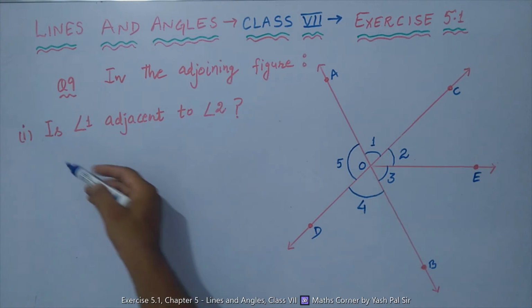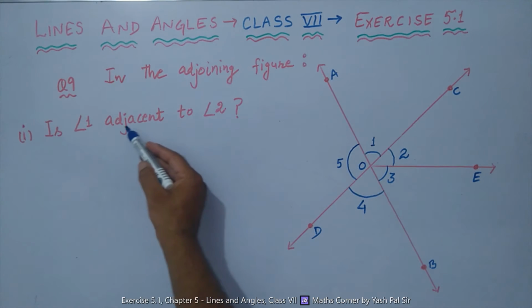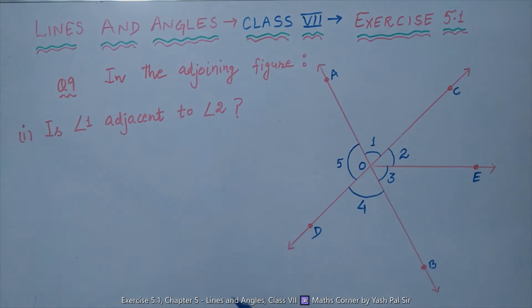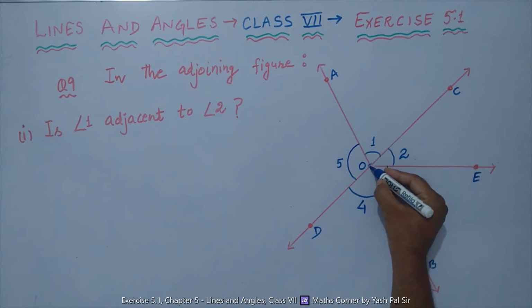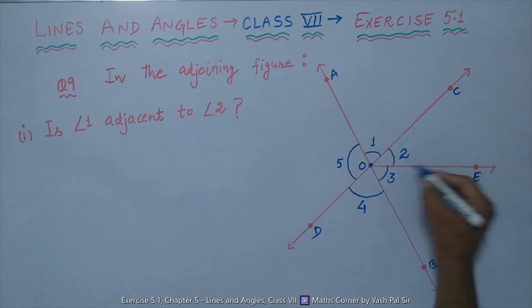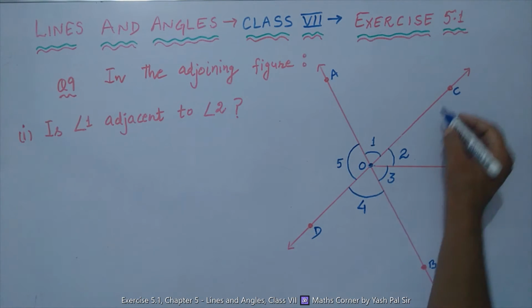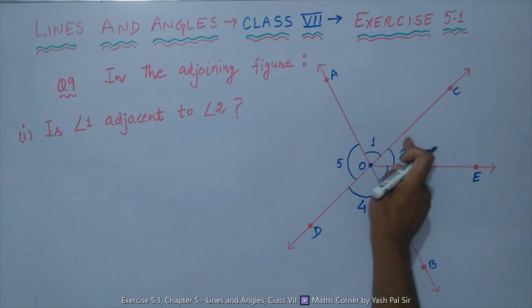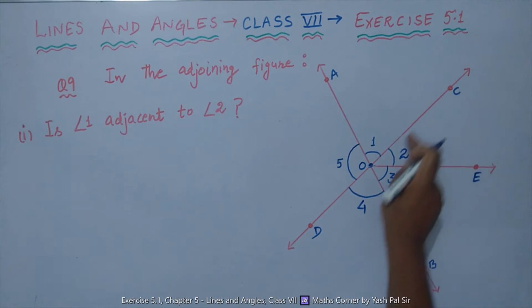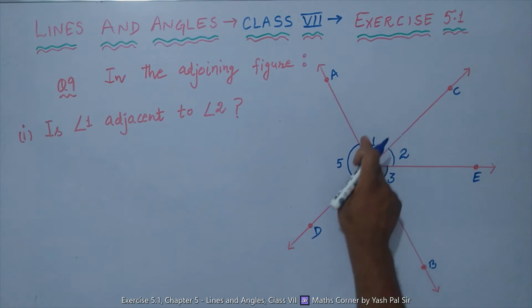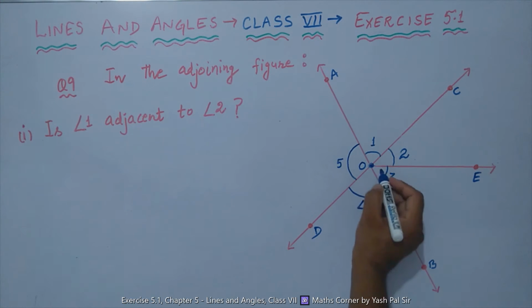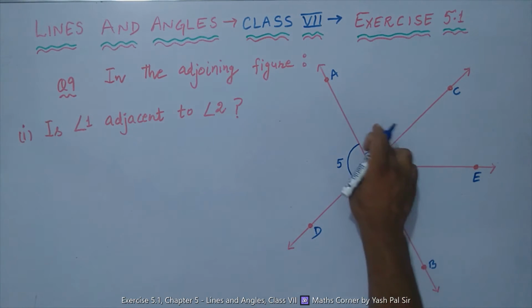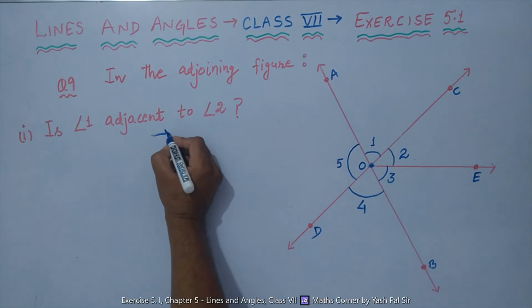Now what are the questions? The very first part is: is angle 1 adjacent to angle 2? What is the meaning of adjacent angle? Adjacent angle means this is the initial ray, this is the terminal ray of angle 2. Thereafter from the terminal ray we start angle 1, but the initial point, the vertex point, remains the same. So yes, what is the solution?